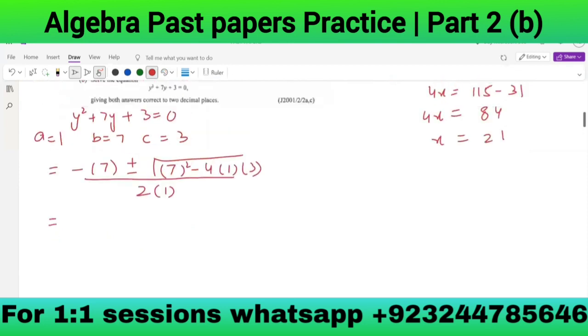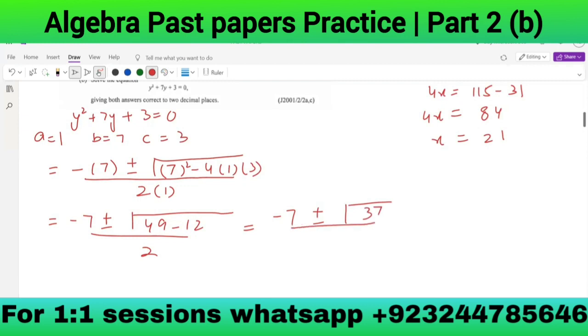So it should be minus 7 plus or minus the square root of 49 minus 12, divided by 2. Minus 7 plus or minus the square root of 37 divided by 2. So you will get the answer in decimals.